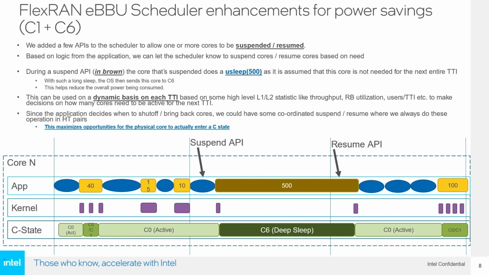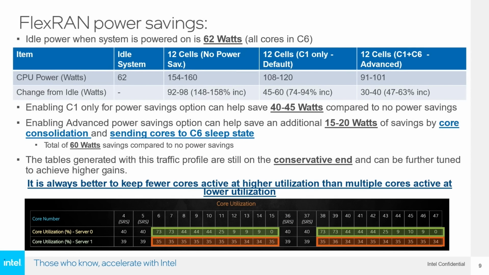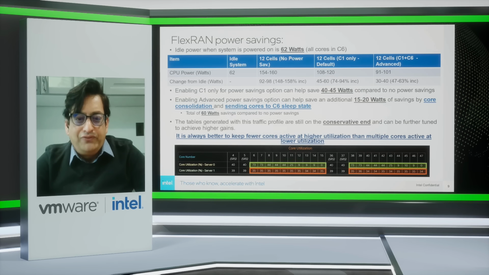So what does this give us? Incredible possibilities. With just using C1, we're able to save only 40 to 45 watts on a 160 watt power window here. But by managing those workloads together and improving those schedulers, we're able to eke out another 15 to 20 watts of core consolidation and sending cores to C6 state. It's always better to keep fewer cores at higher utilization than multiple cores active at lower utilization. And that's what we strive to do.